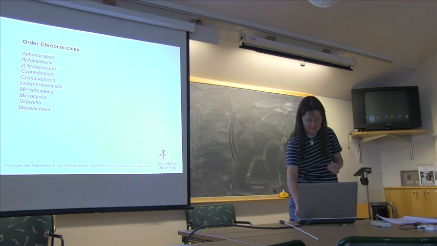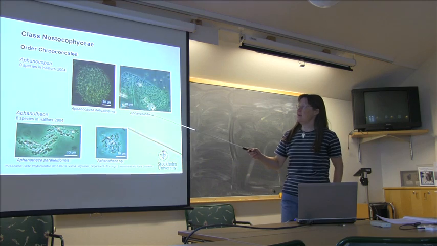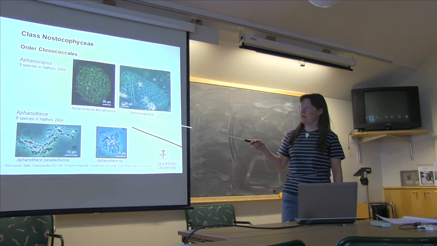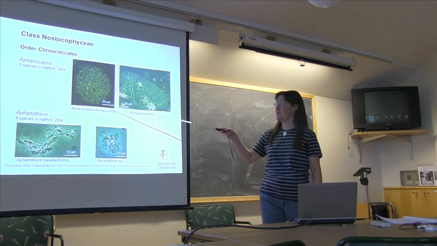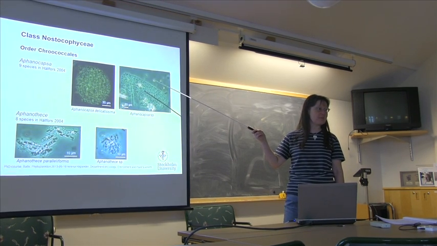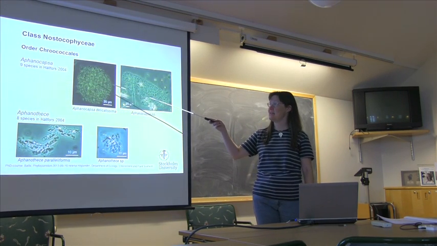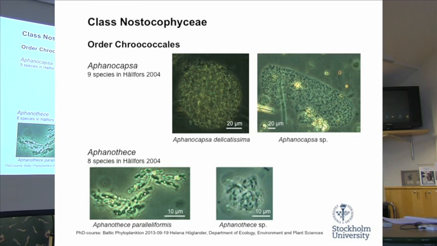This is just to summarize this order, and we have some of the most common genera. We have Aphanocapsa. When you look at it, it looks more like a cloud with small dots on it. What's striking with this genus is that it has round cells, and the cells are very small, about half a micrometer or so in size, but they can be very abundant.